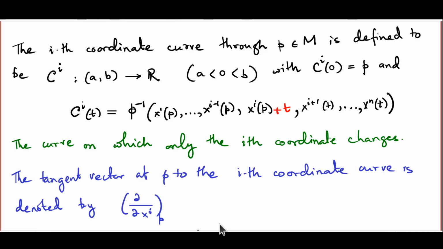It is denoted by del xi with P written down to ensure that you remember that this is a tangent vector at a point P.